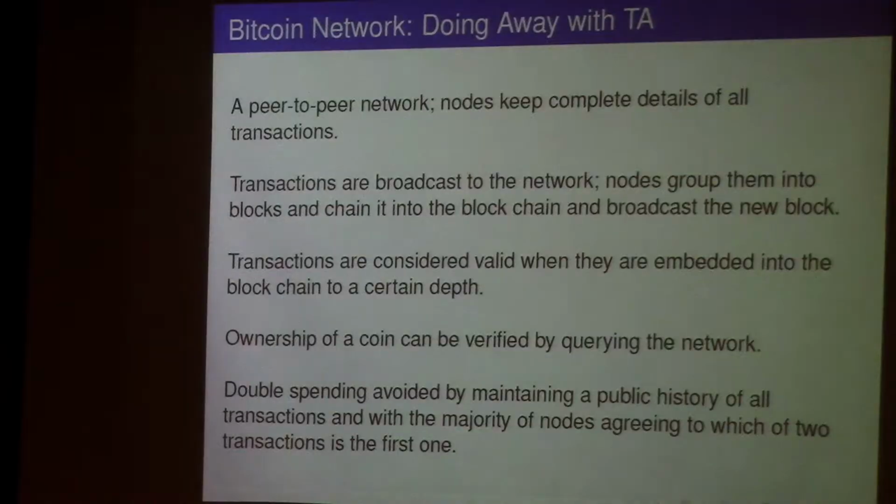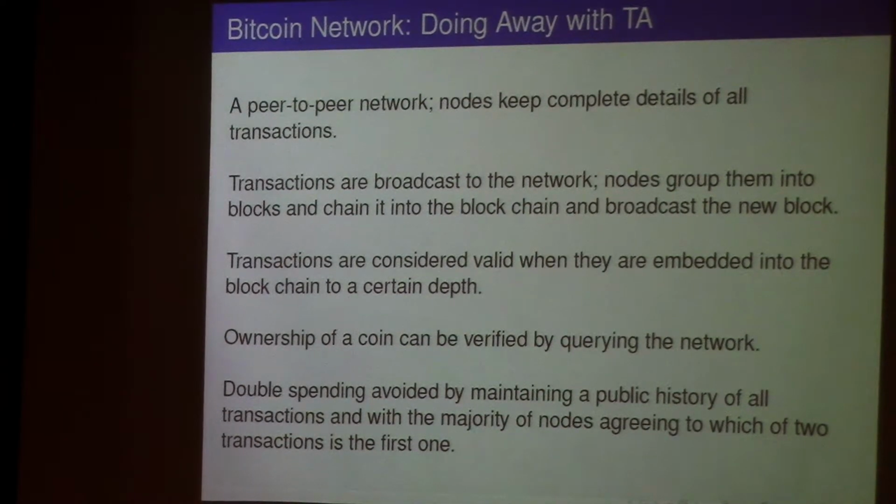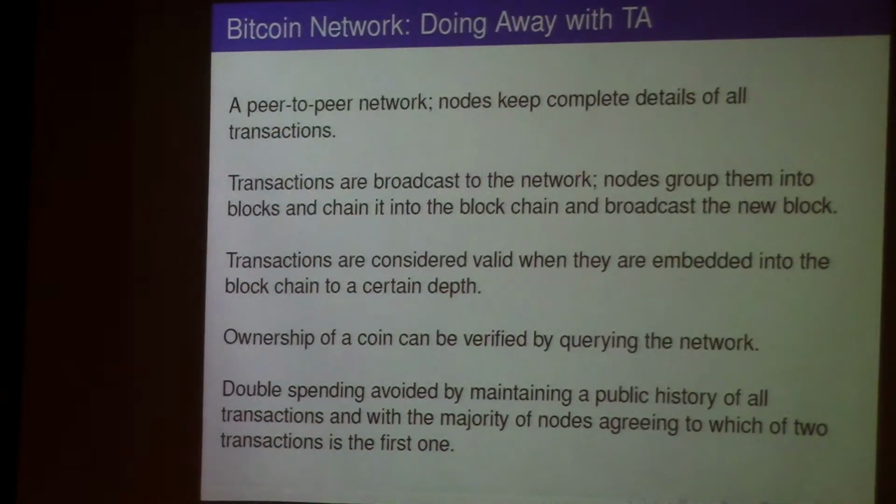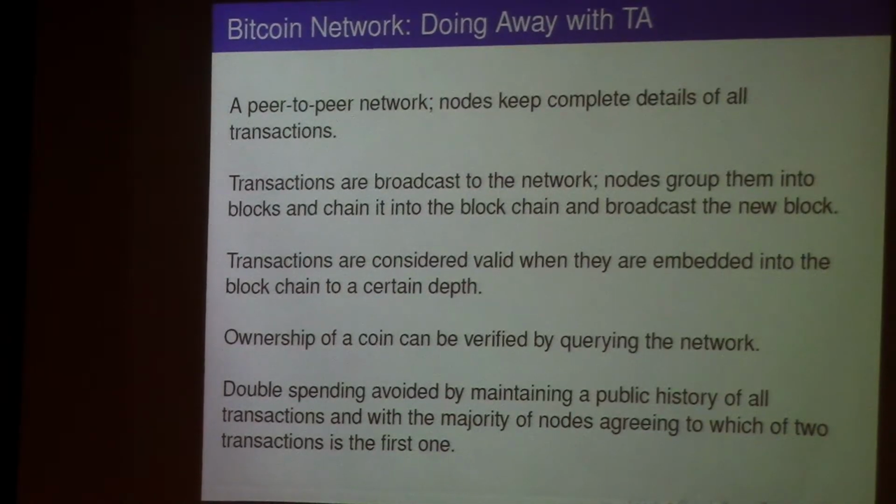Once a transaction is created, it is broadcast to the network, and nodes group them into blocks and chain them into the blockchain. And once a new block is solved, in the sense that a hash value with the desired number of leading zeros is created, this block is then broadcast to the nodes. So again, all the nodes get the same block, and then they keep on increasing the blocks.